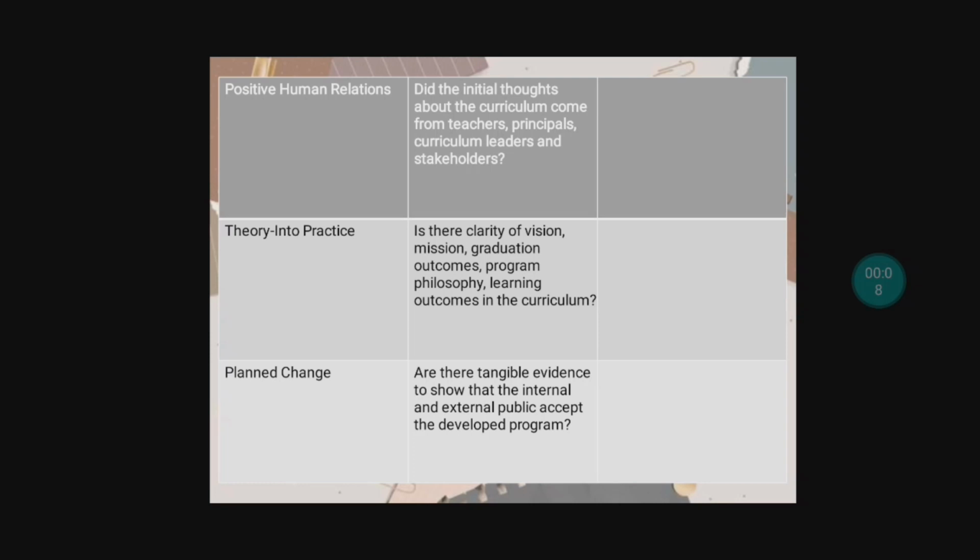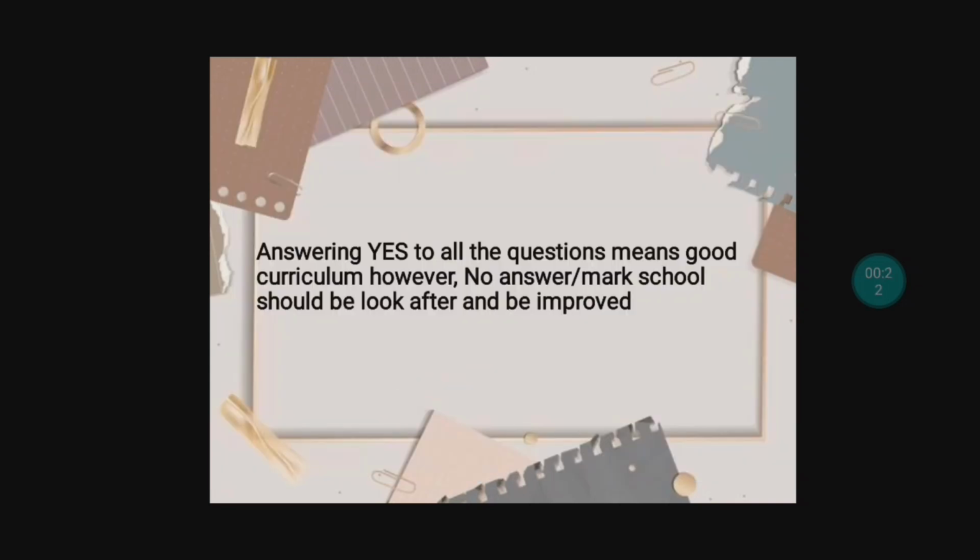For example, elementary science curriculum, teacher education curriculum, student teaching curriculum, and field study curriculum. And after it, you need to find out if the curriculum you are evaluating answers yes or no. Answering yes to all the questions means a good curriculum. However, a no answer or mark should be looked after and improved to achieve the yes mark.